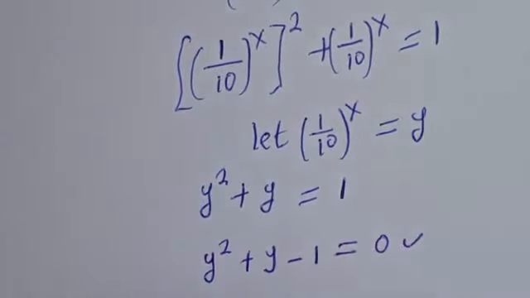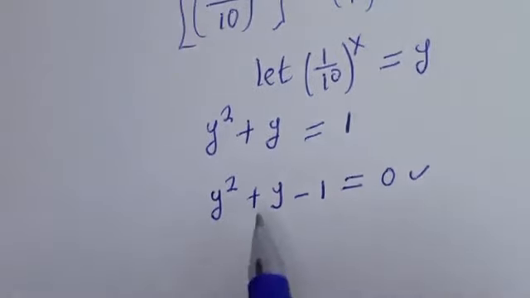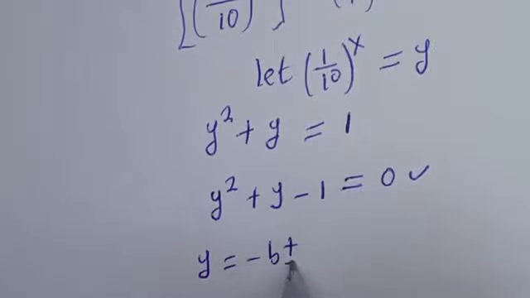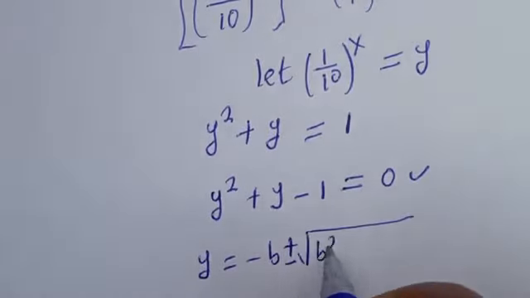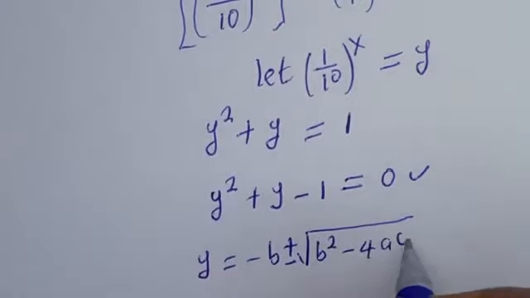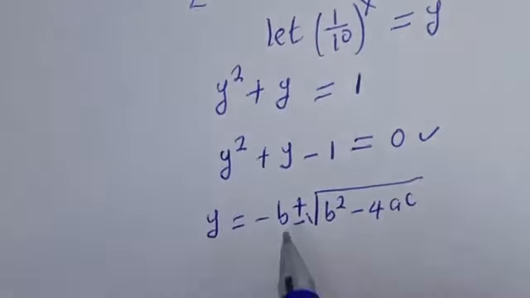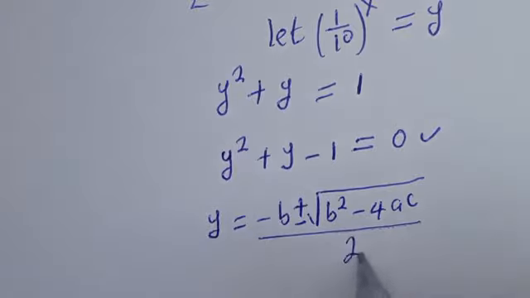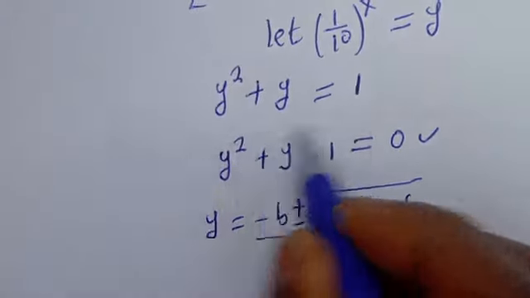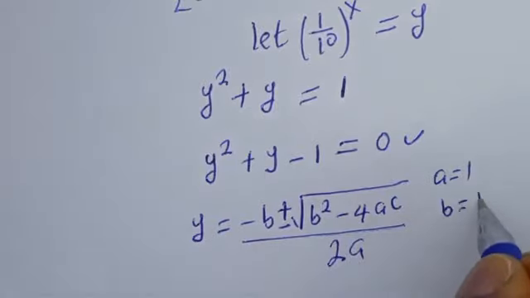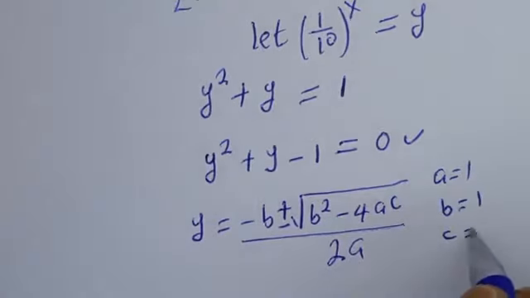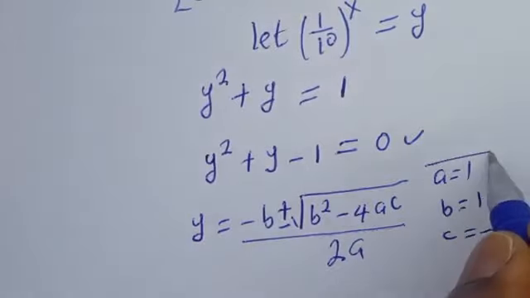This is a quadratic equation. Let's solve this using the quadratic general formula. From our quadratic general formula, y is equal to minus b plus or minus square root of b squared minus 4ac, over 2a. Then from this equation, a is equal to 1, b is equal to 1, c is equal to minus 1.